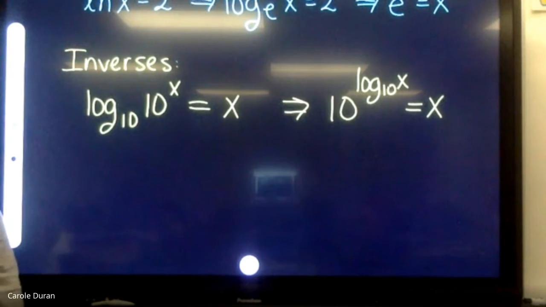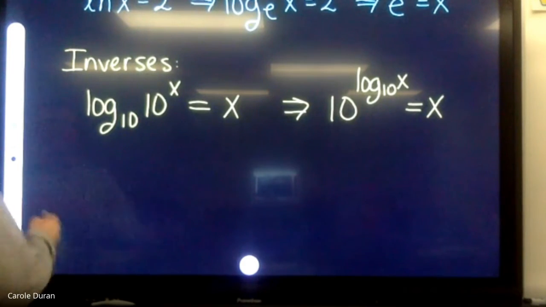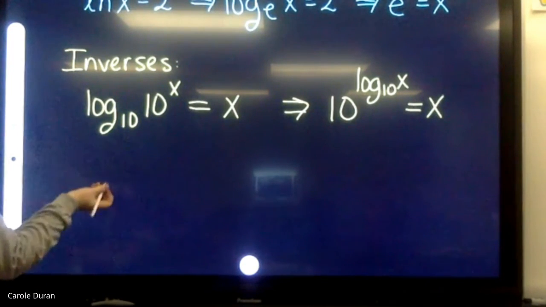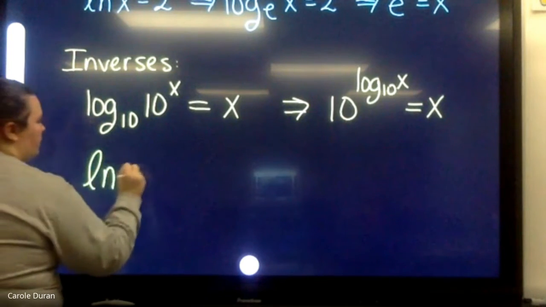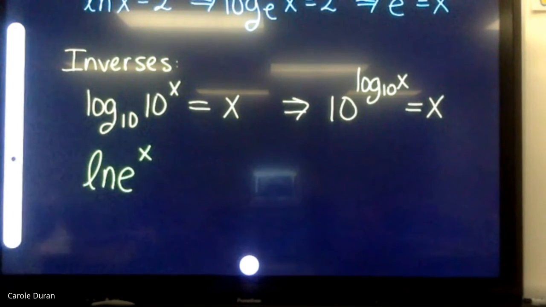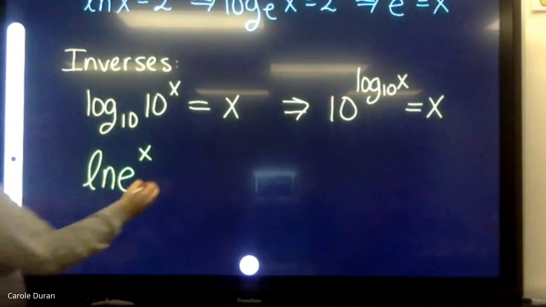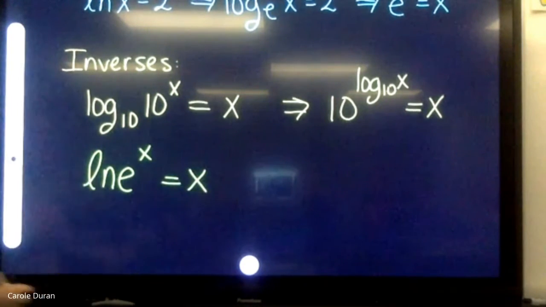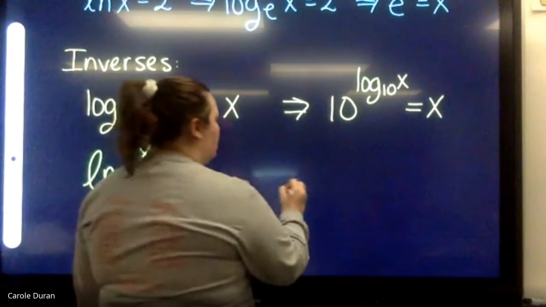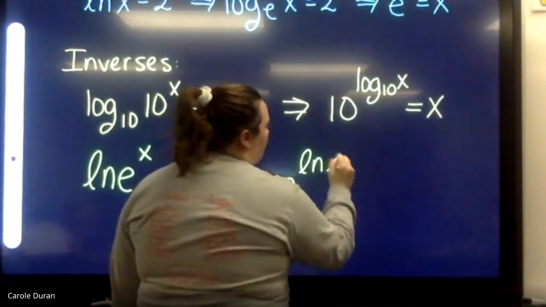The same thing applies for a natural log and a base e. So if I have a natural log of e to the x, natural log and e cancel each other out, leaving just the x that was in my exponent. This also applies if I have an exponential that I've raised to a natural log power.